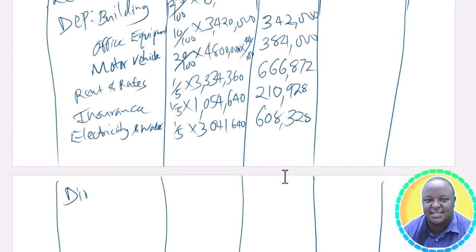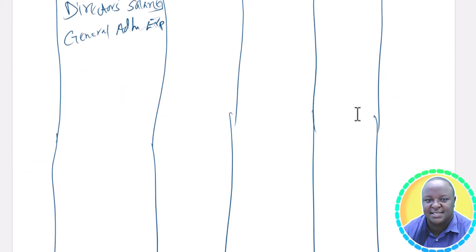We have the directors' salaries, general administrative expenses, office salaries, and selling and distribution cost.